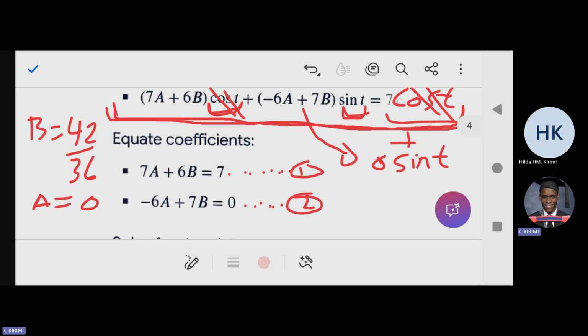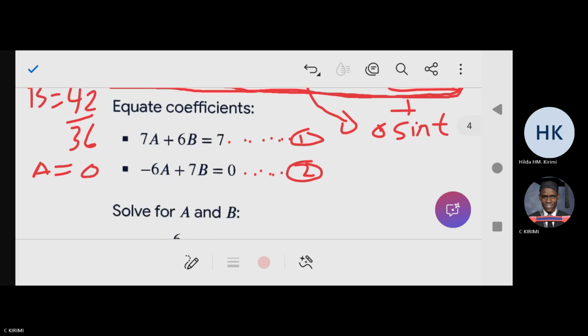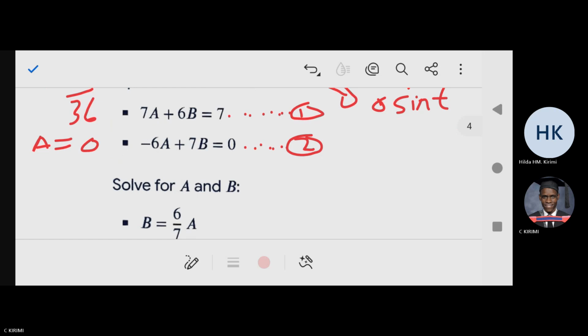How did you solve the simultaneous equations?